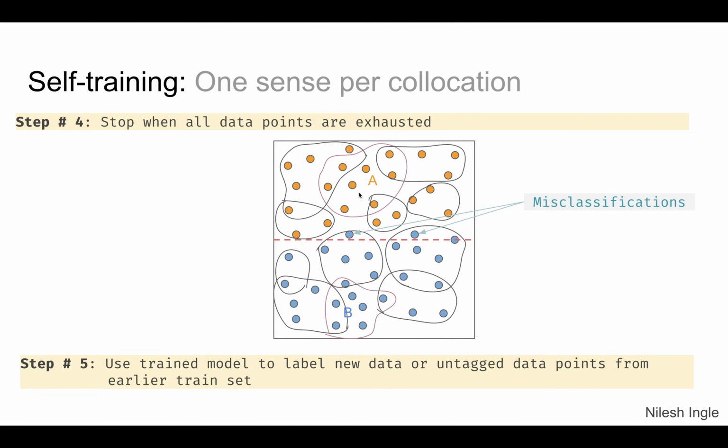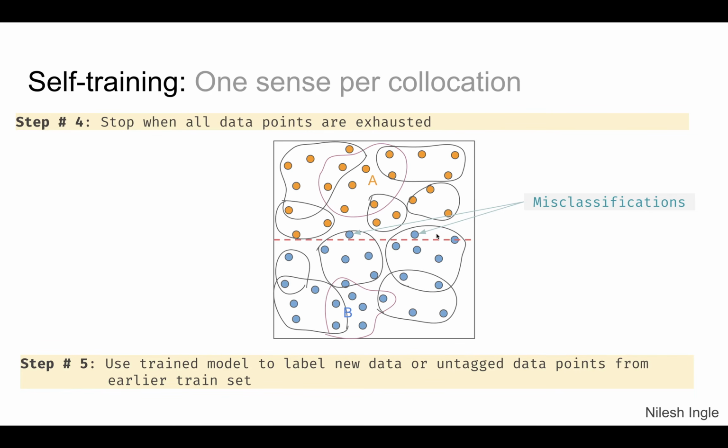And so now we have clearly identified that points above belong to class A, points below belong to class B. And there could be some misclassifications, and the algorithm has various ways to address those issues.